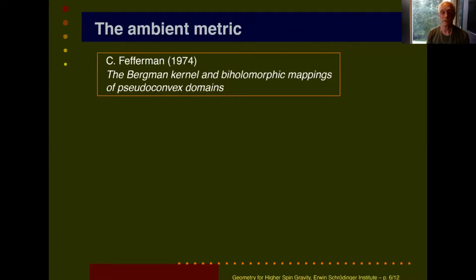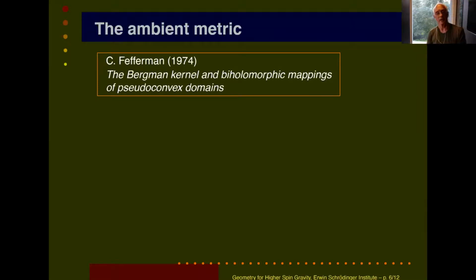Okay, so a pseudo-convex domain, well, a domain is just an open subset in Cn for n generally speaking greater than 1. Otherwise, everything is answered by the Riemann mapping theorem. If you're in n greater than 1, so in several complex variables, then you can ask about domains in such spaces and ask if they are biholomorphically equivalent.